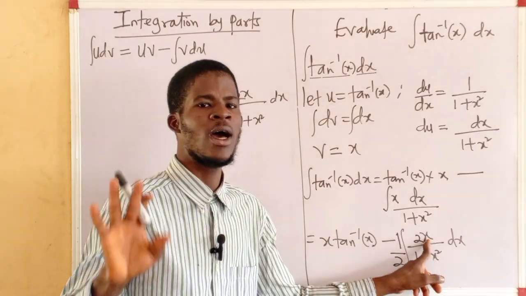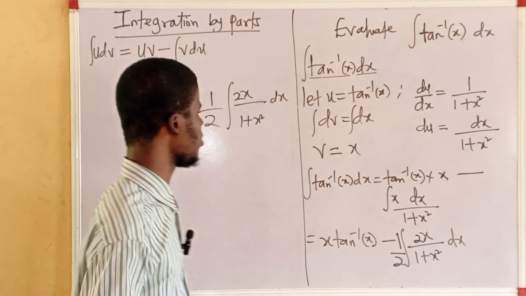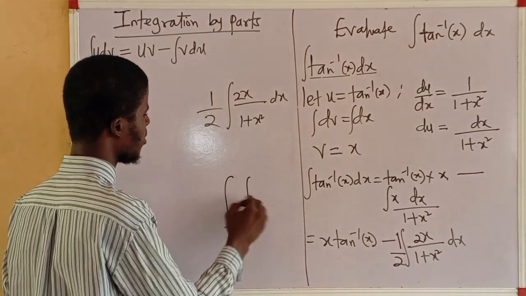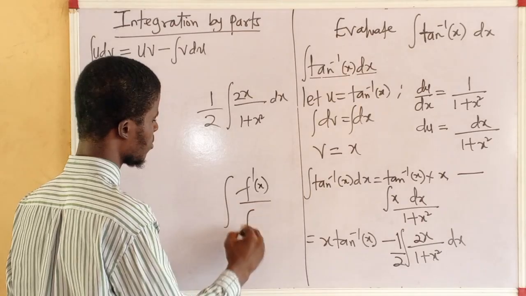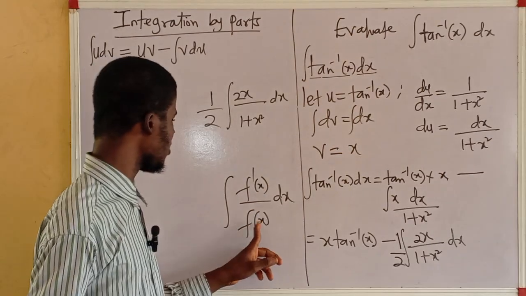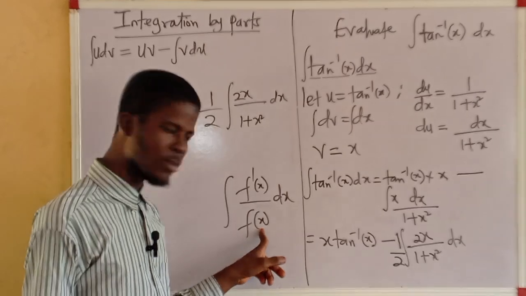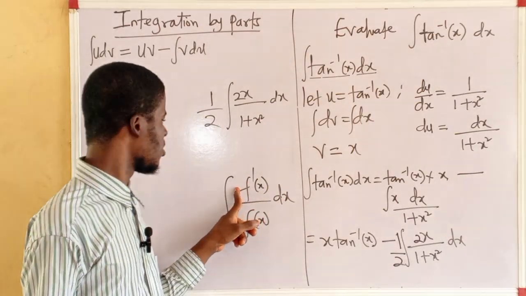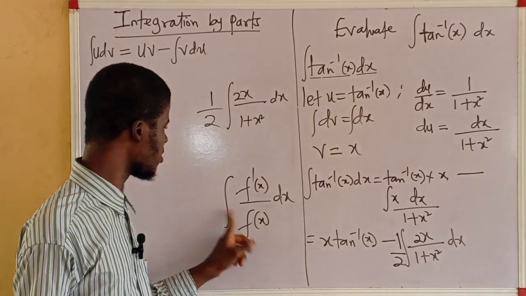And remember that if we take the integral of a function whereby the derivative of the bottom is exactly what we have at the numerator, this is f prime of x and this is f of x.